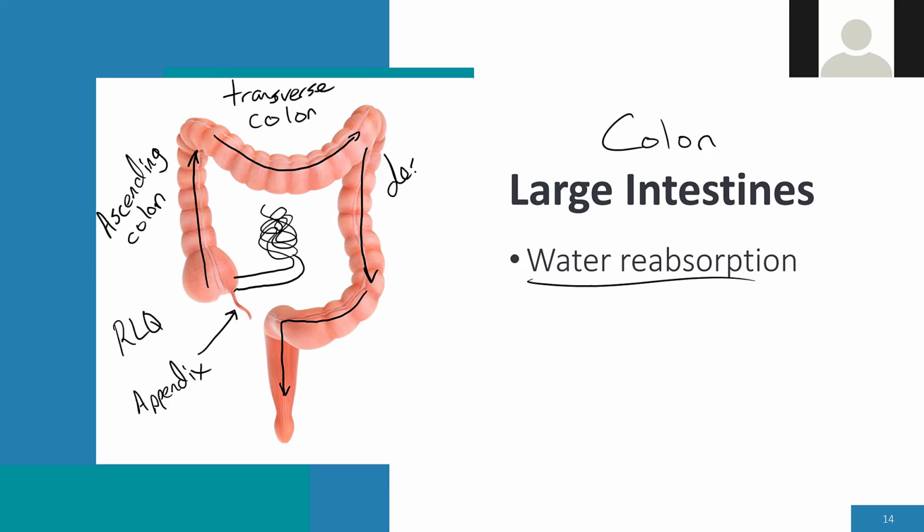You can probably anticipate what this next one is going to be: the descending colon as it goes down. And then the kind of curvature back to the middle is called the sigmoid colon. Sigmoid colon.